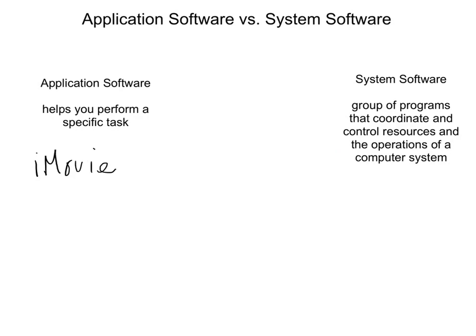Well, I'm thinking of maybe Microsoft Word, right? But what else? What are other applications that we use, that we buy usually, that doesn't always just come on our computer? Virus software, right? Like Norton, maybe?